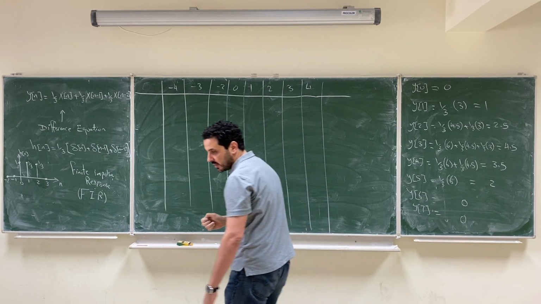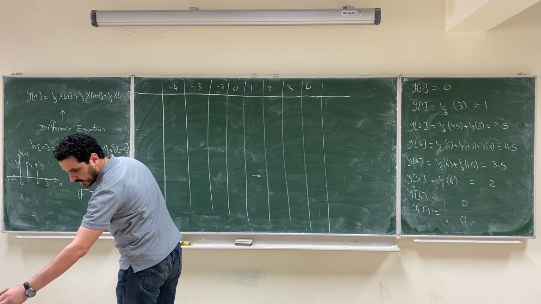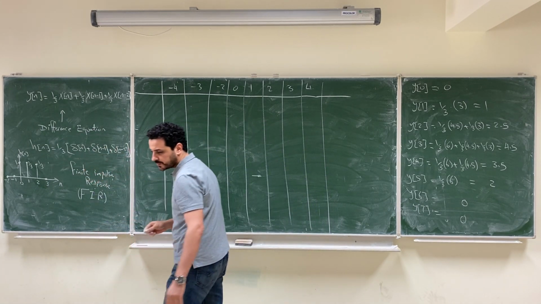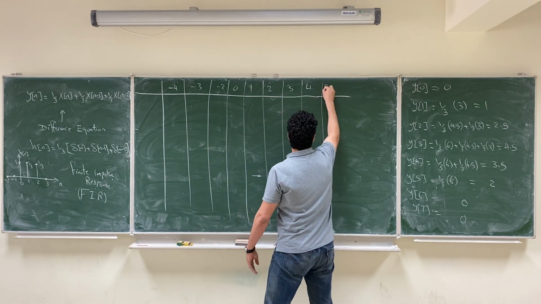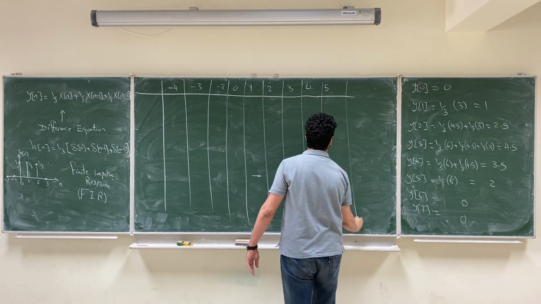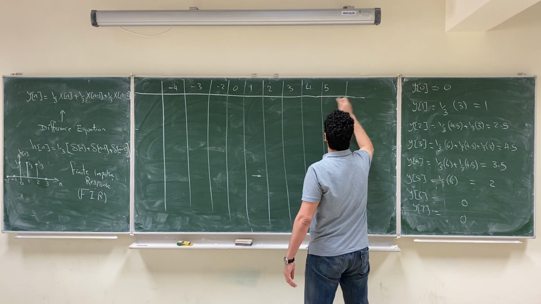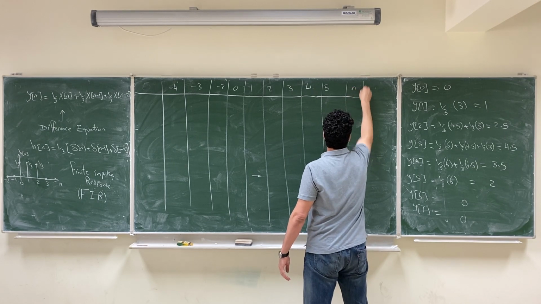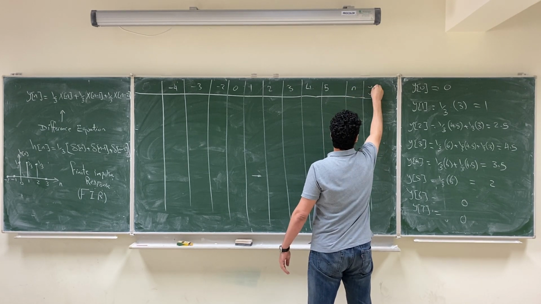Maybe we need up to 5. Then we are going to say this is the shift n and this is y of n.